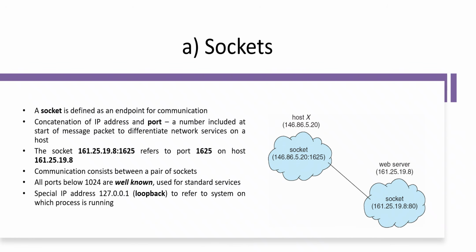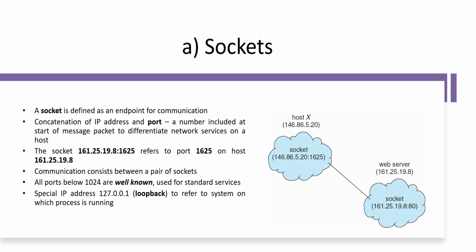This means the host has the IP address 161.25.19.8 and the communication is taking place through port number 1625. So the IP address identifies the host or computer. The port number helps identify the particular network service running on that host.